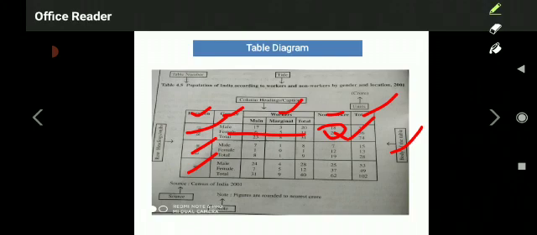It gives a clear picture when data is fitted in rows and columns. So with the help of the body of the table, we can understand the entire data information.